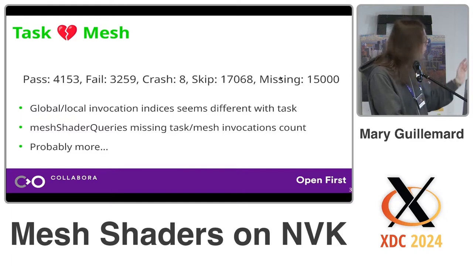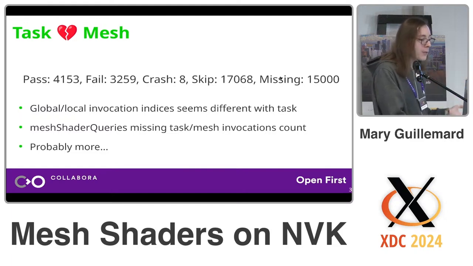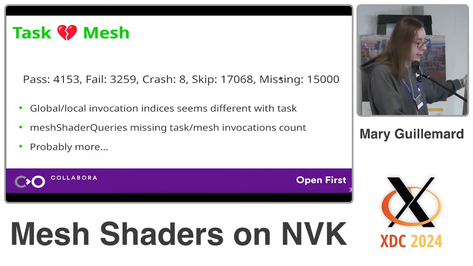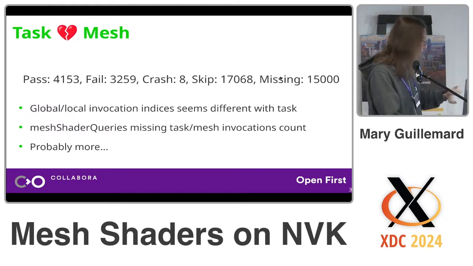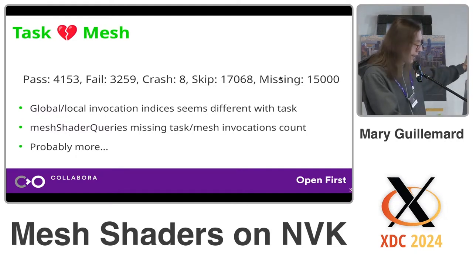I have multiple issues with them, ranging from the local invocation index being wrong and different, depending if you have mesh and task present. The mesh shader queries are not implemented yet because I need to actually store that in the command stream. And there's probably more here, but that's something for a bit later.